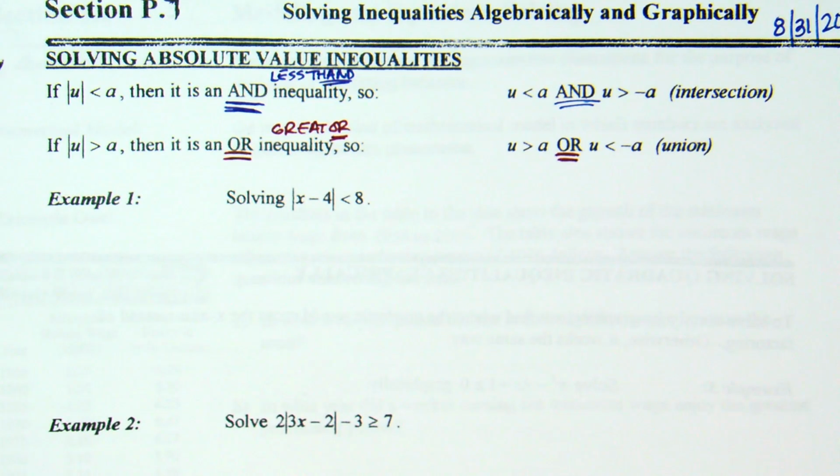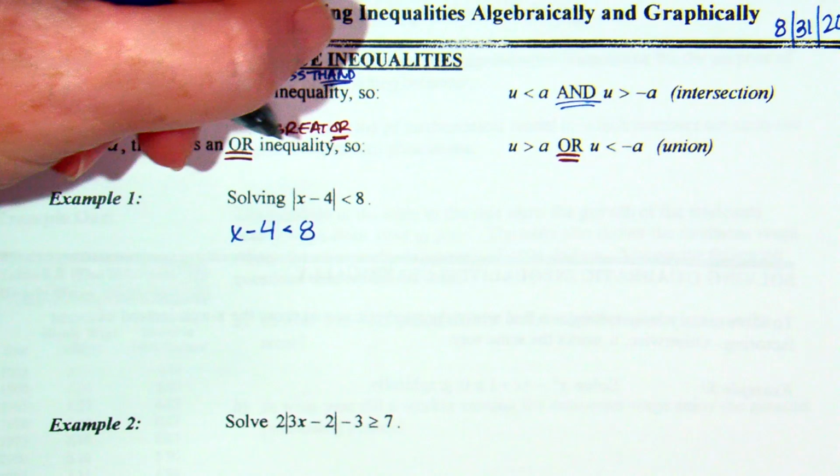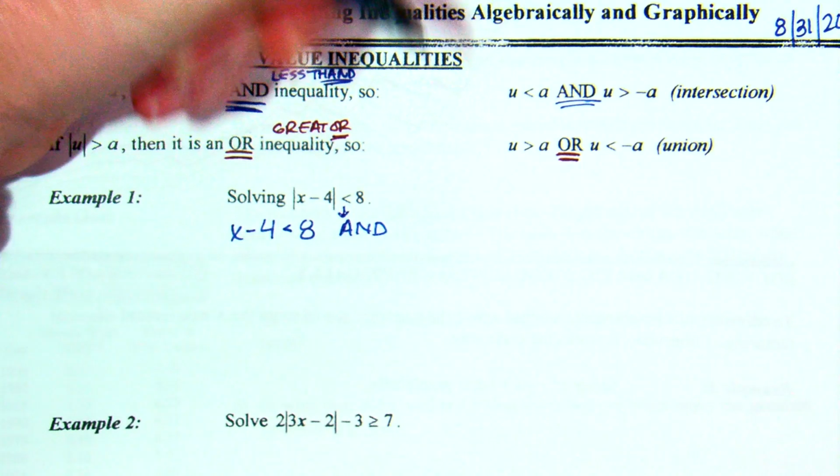So, what are the two statements I set up? First statement is x minus 4 is less than 8. So the given. I need a word. What's my word? And. Since it's a less than sign, I'm going to use the word and.